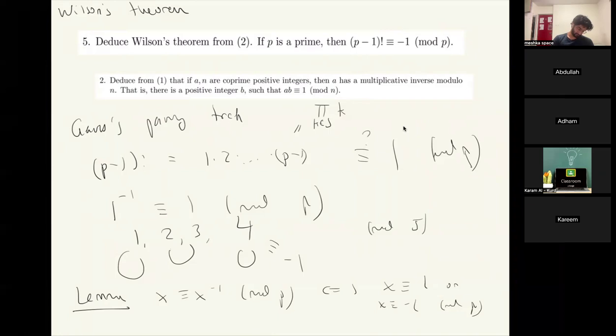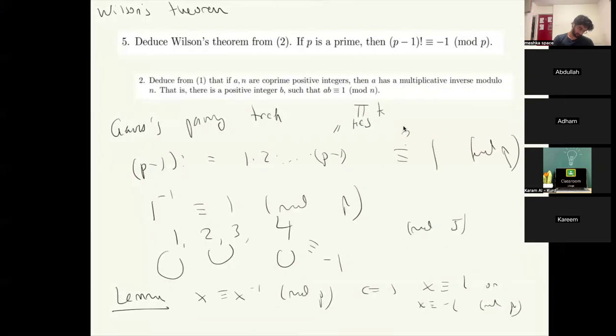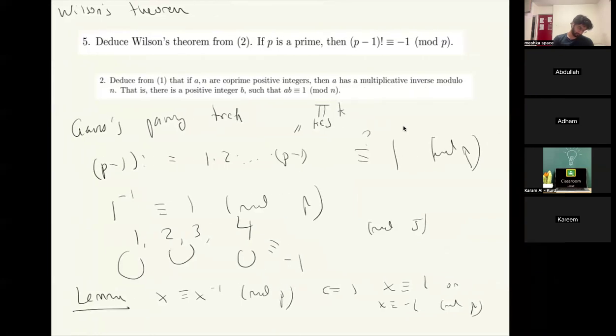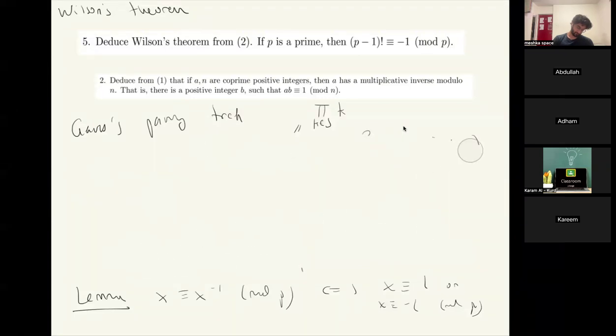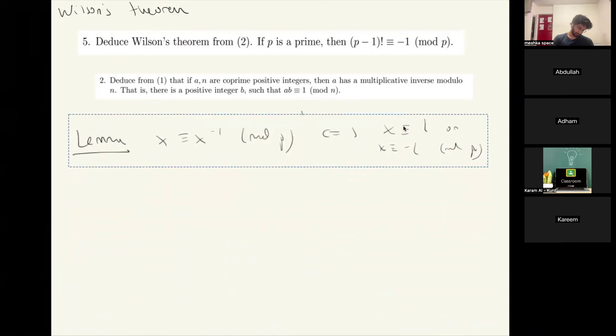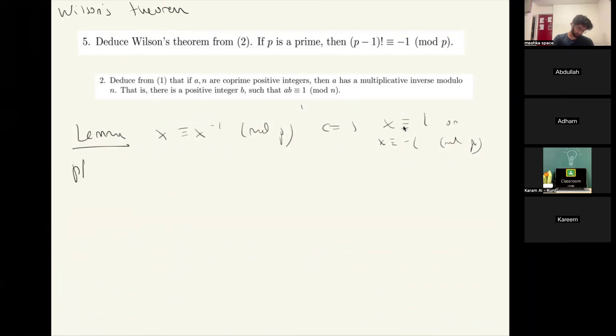Let's prove this. The proof. So one direction is clear, right?